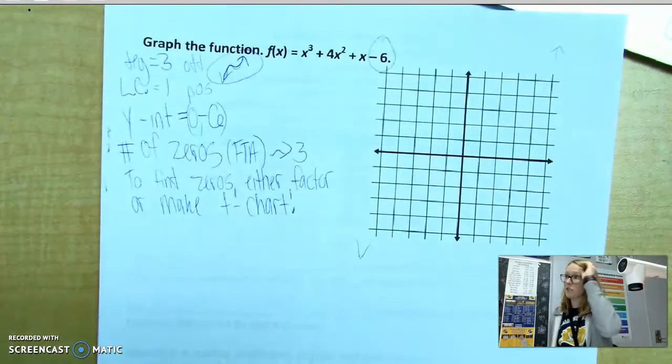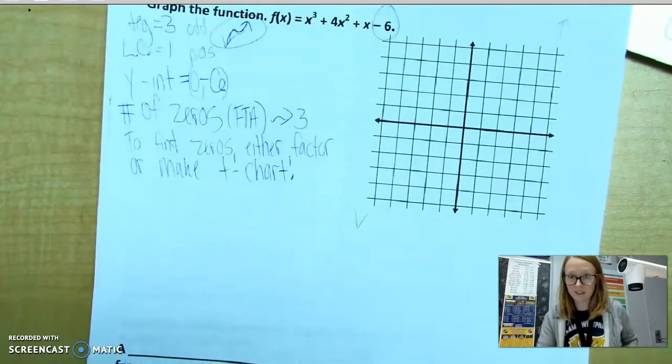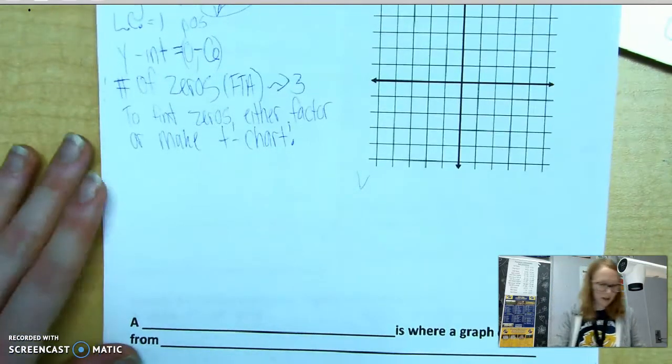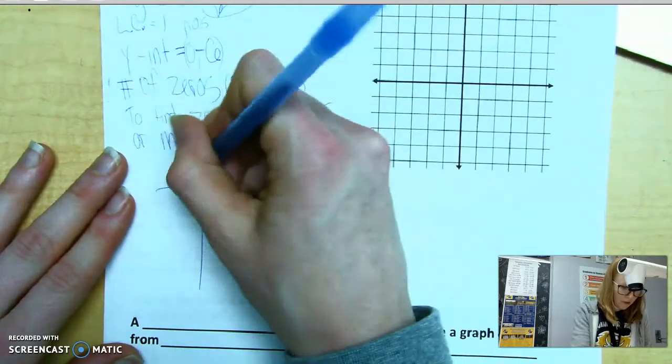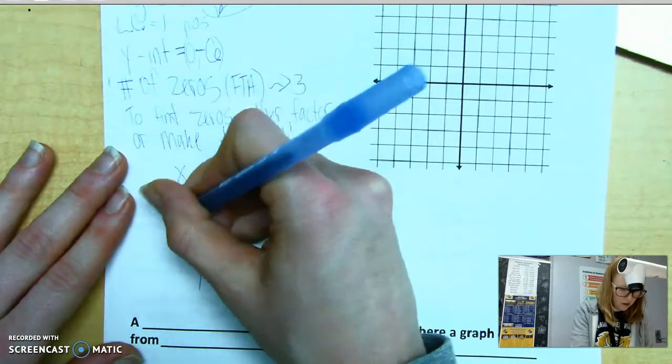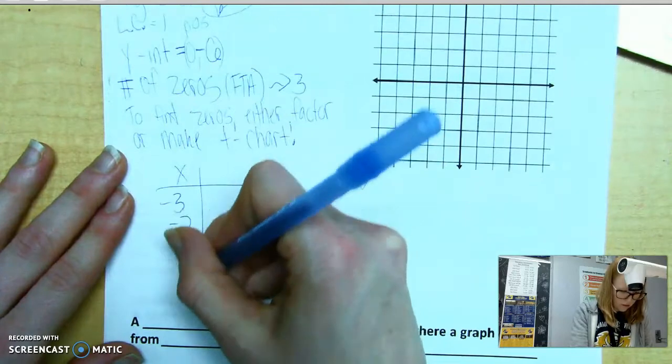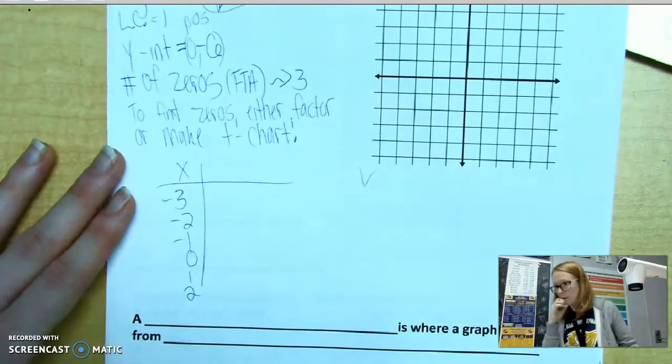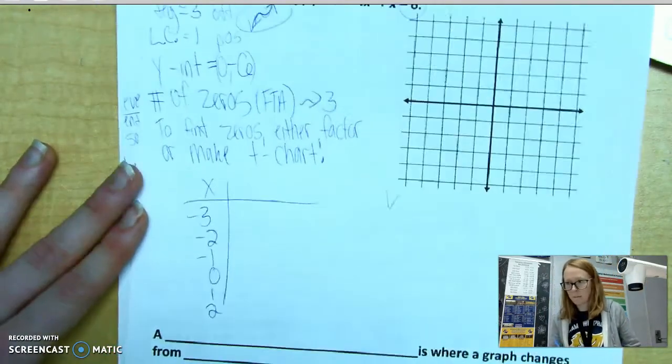In this case, factoring won't work. So we're going to have to make a t-chart. I'm just saving you the time that factoring won't work. If we were to make a t-chart, though, you would have to pick x values and then just see how many times you cross over the x-axis.